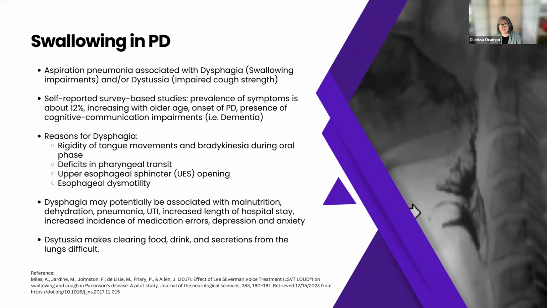So there's what's called an esophageal dysmotility, which basically means that the food is now not going smoothly down the esophagus into the stomach. And because of that dysmotility, we have sensations wherein we feel that the food is getting stuck in our chest. Okay. So these are some of the reasons of dysphagia.